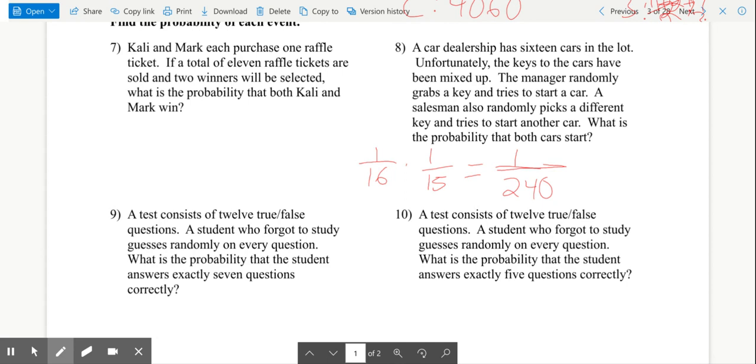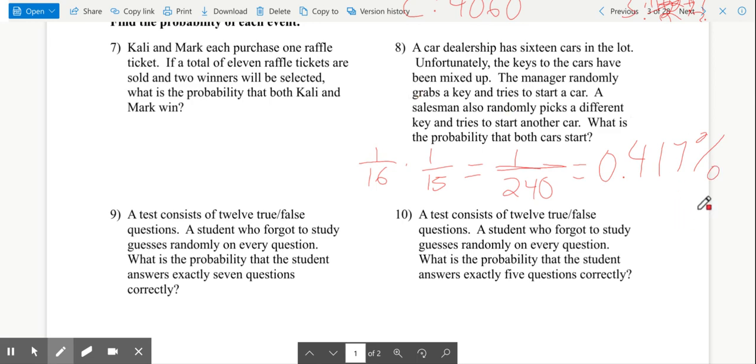So 1 divided by 240 is 0.004166666, repeating, which is 0.417%. That's approximate.